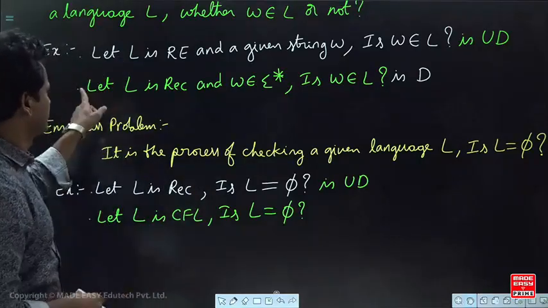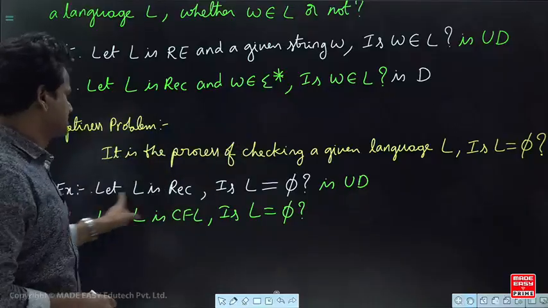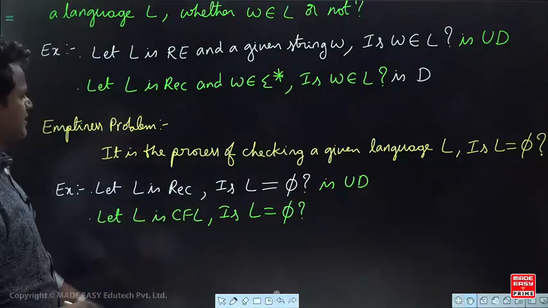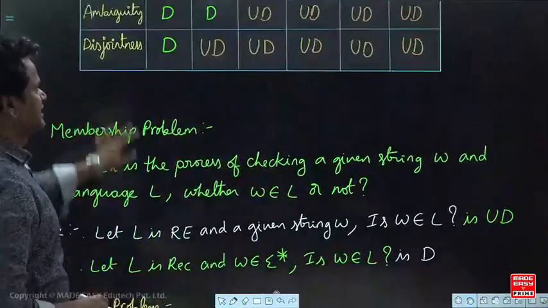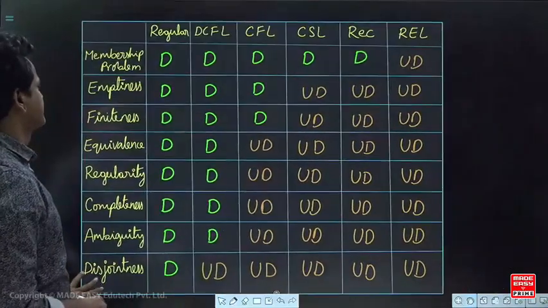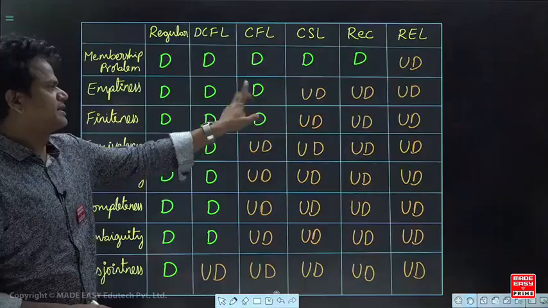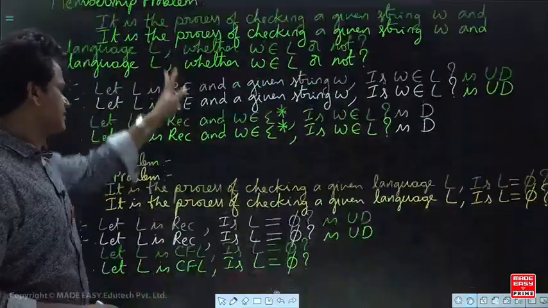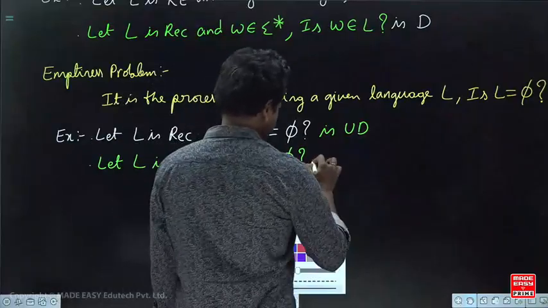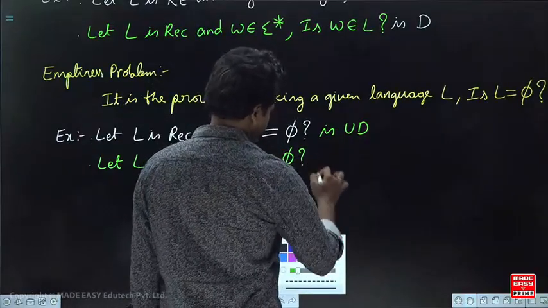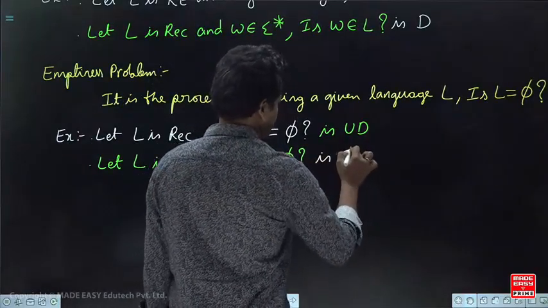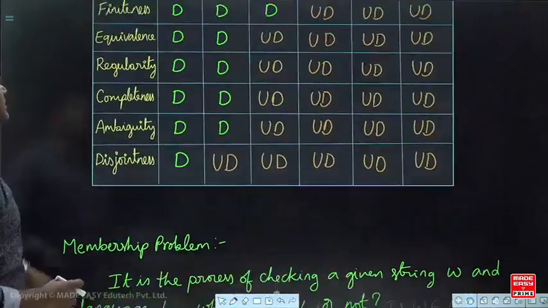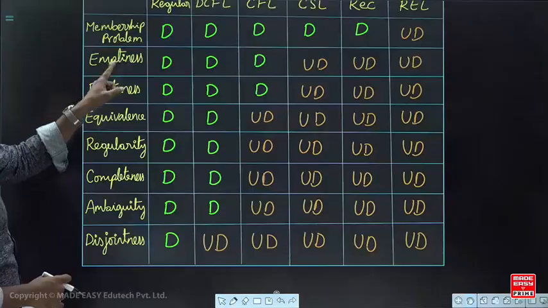Now L is CFL, emptiness of CFL is decidable. So this is decidable. Okay? Next, emptiness problem is done, membership problem done.